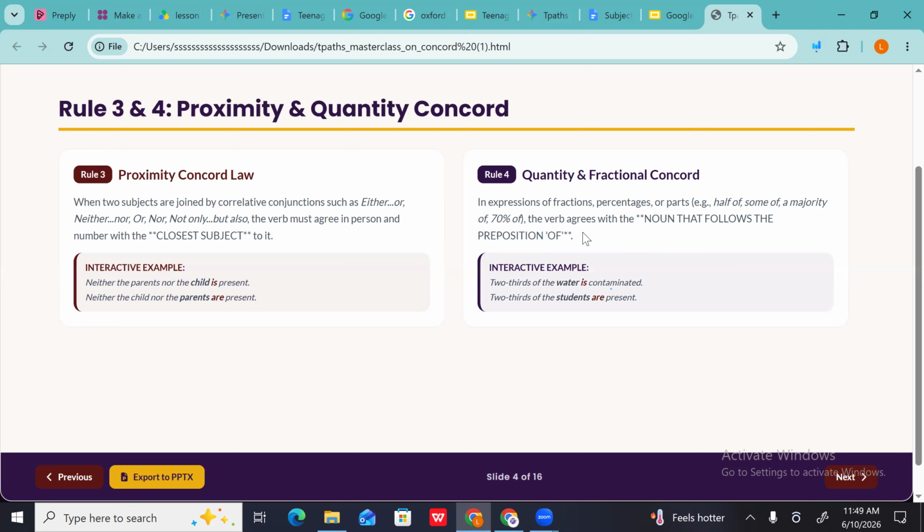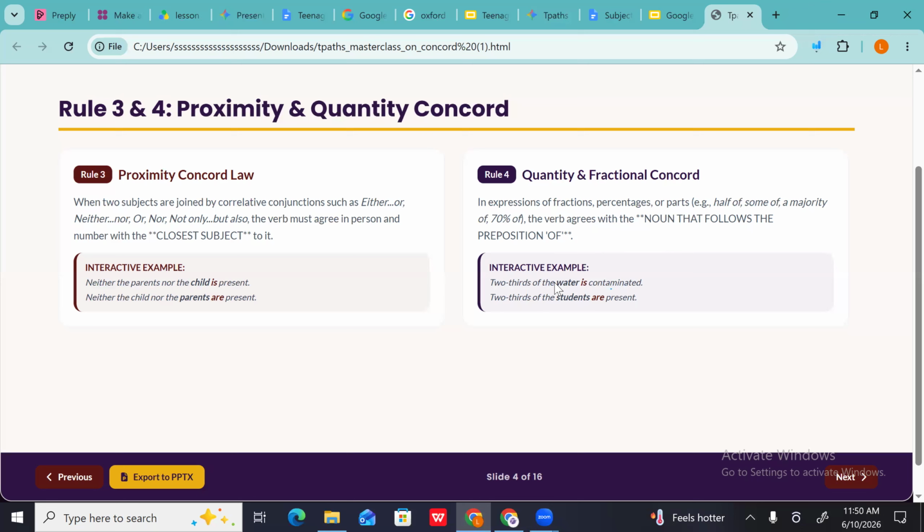If the noun that follows of is singular, the verb will be singular. If the noun that follows of is plural, the verb will be plural. Let's pay attention to these examples. Two-thirds of the water is contaminated. Look at the noun that follows the preposition of. Is it singular or plural?